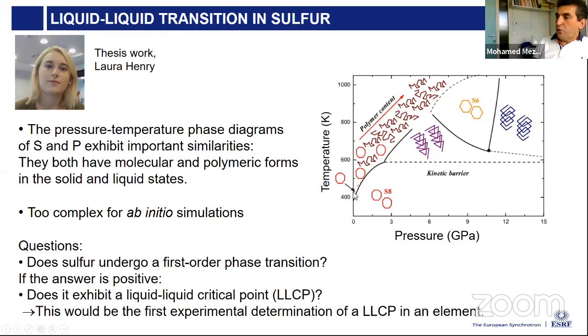And there is also a so-called lambda transition in the liquid state that has been known for many years, where molecules open up to form long polymeric chains. Also, this kind of system, because of the presence of large polymeric units, is too complex for ab initio simulations and was not approached by this kind of simulation.